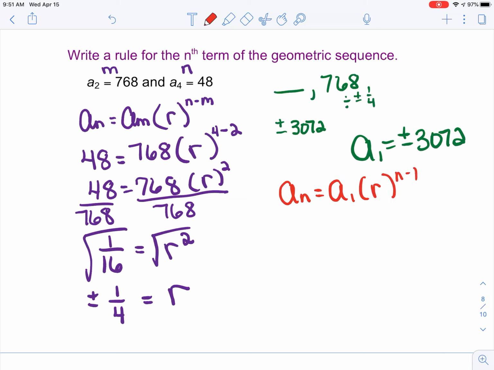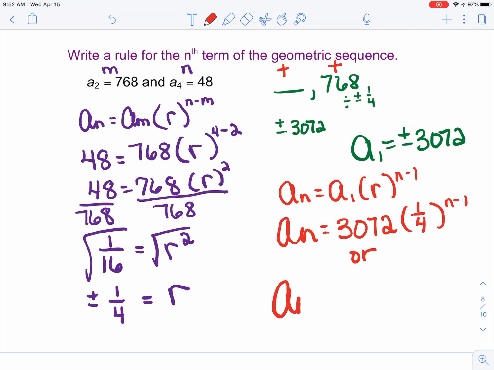Okay, so here come two different equations. A sub n equals a sub 1 times r to the n minus 1. So a sub n equals, if my first term is a positive 3,072, I'd have to multiply by a positive number to keep getting positive numbers. So that's going to give me the positive 1/4.